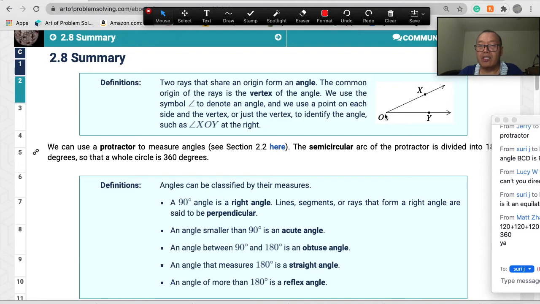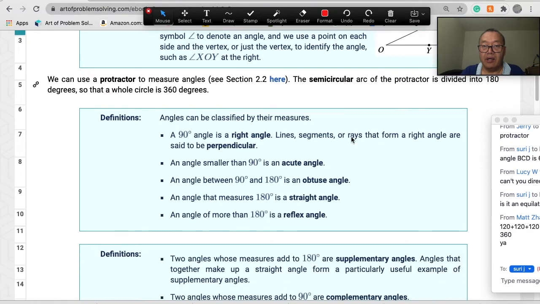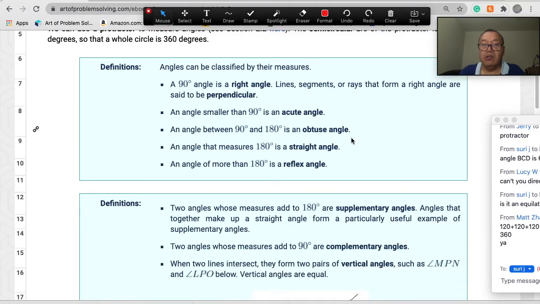Then we call OX and OY the two sides of this angle. Later we learned the triangle. In angles we learned the right angle. That means the measure of that angle equals 90 degrees, and the two sides of this angle are perpendicular to each other.